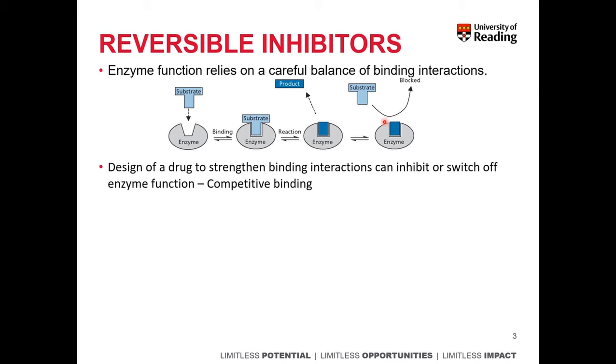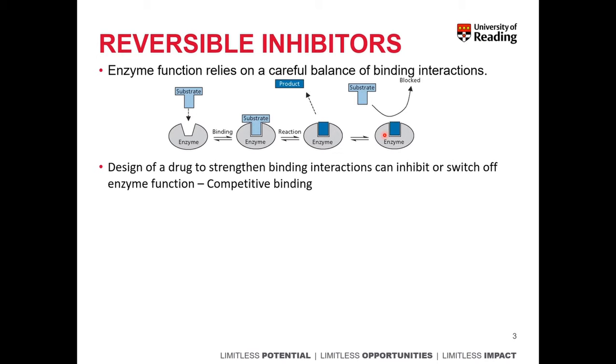So if we can design a drug that has stronger binding interactions with the enzyme than the substrate does, we can introduce this molecule, it'll bind to the enzyme, as we can see here, but it then won't be released, and it will block the substrate from entering into the active site. And when it does this, it inhibits or switches off the enzyme function.